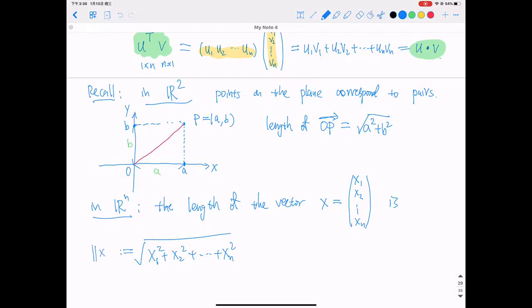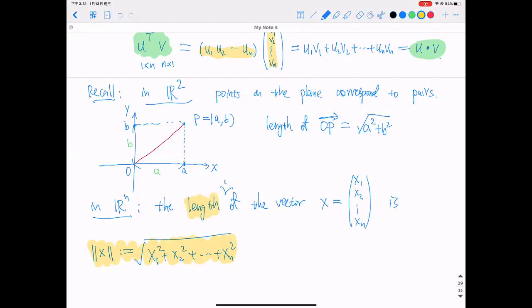And secondly, let's introduce a notation for this. So this is the length. This expression gives you the length of the vector x. It has a different name as well.